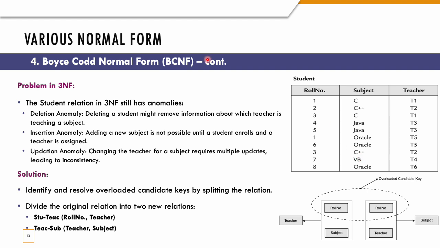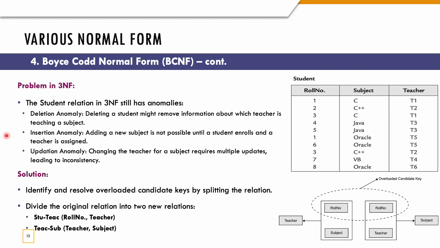And then we also have the insert anomaly. If a new subject, for example C++, is introduced, we cannot add it to the table until a student enrolls in it and a teacher is assigned to it.